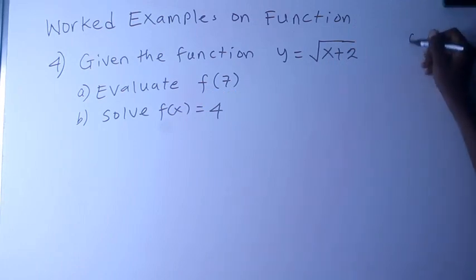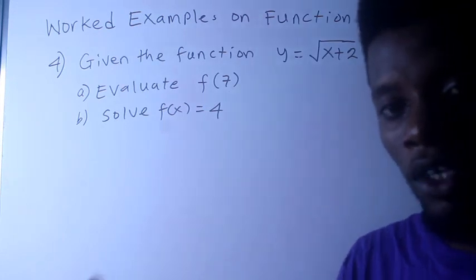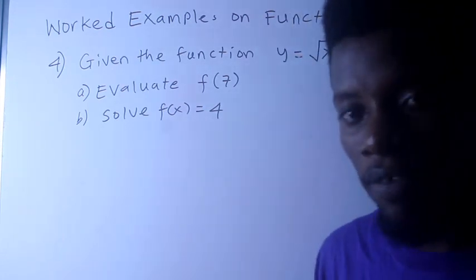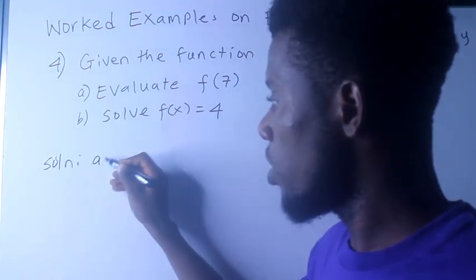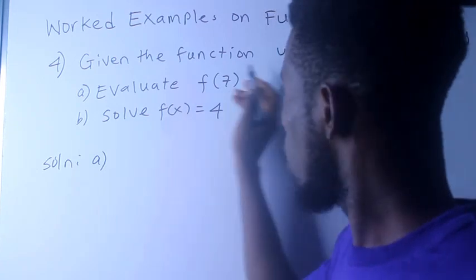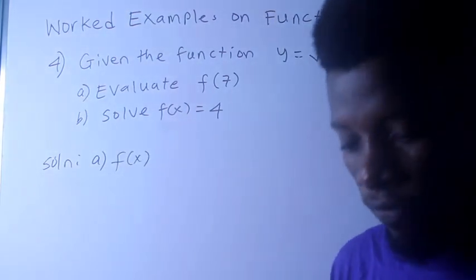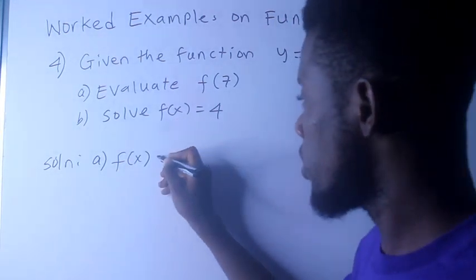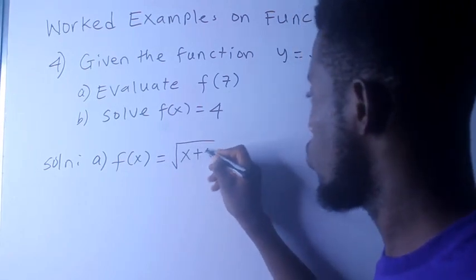So we say f of x equals y. To evaluate part A of this question, you have to write y as f of x. So the solution for A: instead of y, we have f of x, because f of x is the same as y. So f of x is equal to the square root of x plus 2.